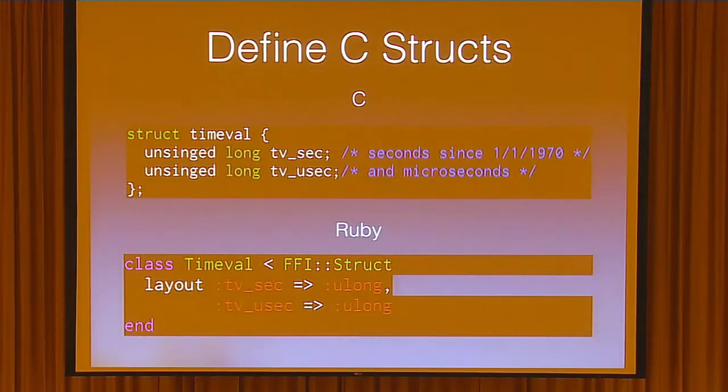And what if we have more complex data than simple types? You can also define C structs using FFI. So here we define the timeval struct. You've got two fields, one is seconds, another one is microseconds. We can define it using FFI.